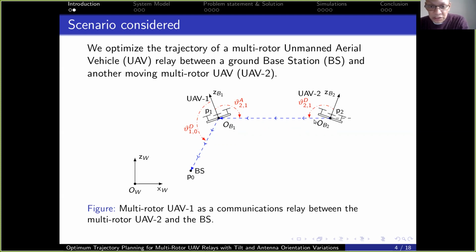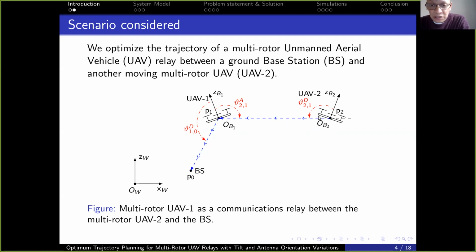Here in blue, we see the wave being transmitted from the UAV2 to the UAV1. And here in red, what we see is the angle of departure of the wave radiated by the UAV2 and the angle of arrival received by the UAV1. Now, as mentioned before, as the UAV moves, it has to tilt.